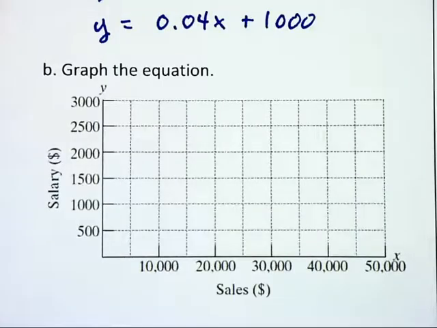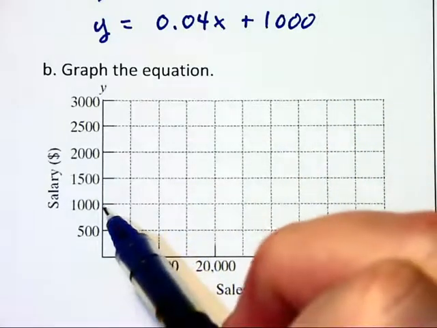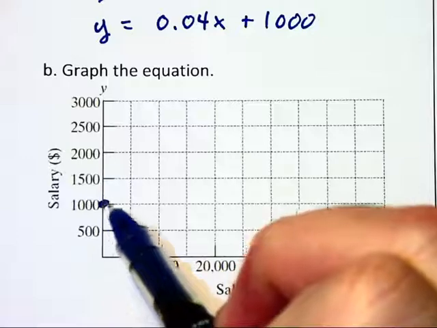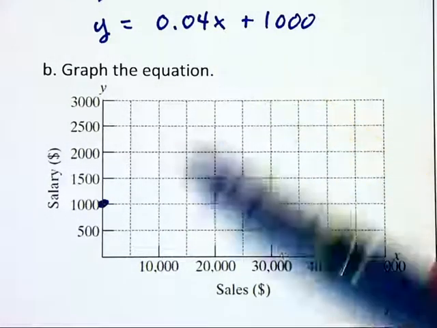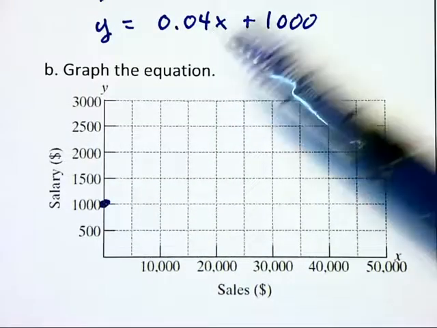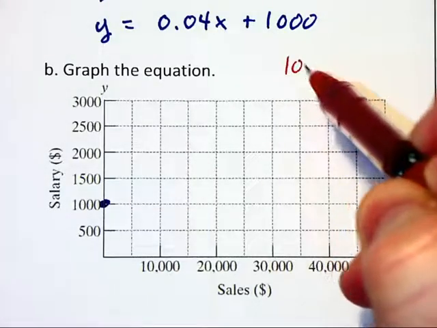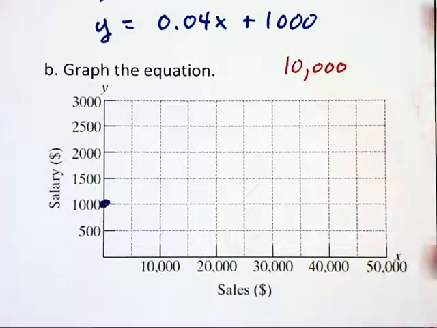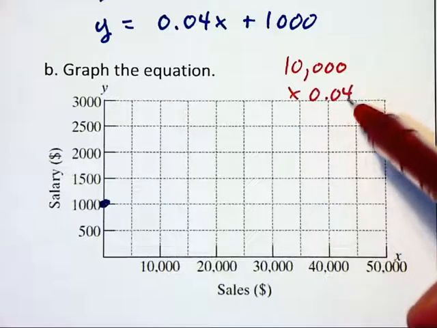Now, to graph this, you know that you're going to have a y-intercept of 1,000. So that's very easy to plot, but the 4% increase, that's a little bit more challenging to write out. What I would do is I would pretend, notice my units are not going by 1, my units are going by 10,000. Let's find out what happens when we go 10,000 and multiply that by 0.04.